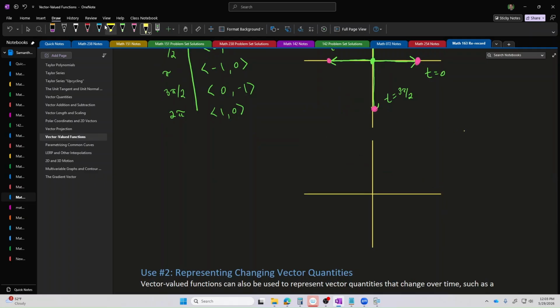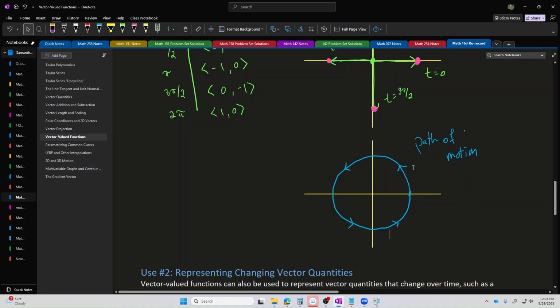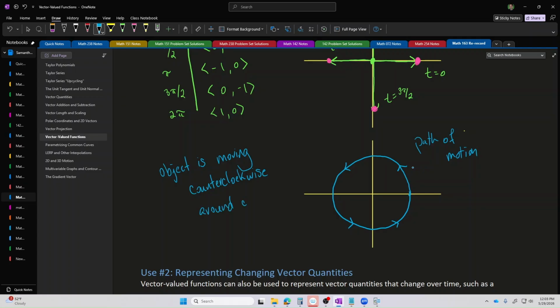What we have here is an object that's moving around in a circle. The object is moving around a circle of radius 1. Specifically, it's moving around the circle counterclockwise. So this would be the path of motion, and I could describe it as the object is moving counterclockwise around a circle of radius 1.